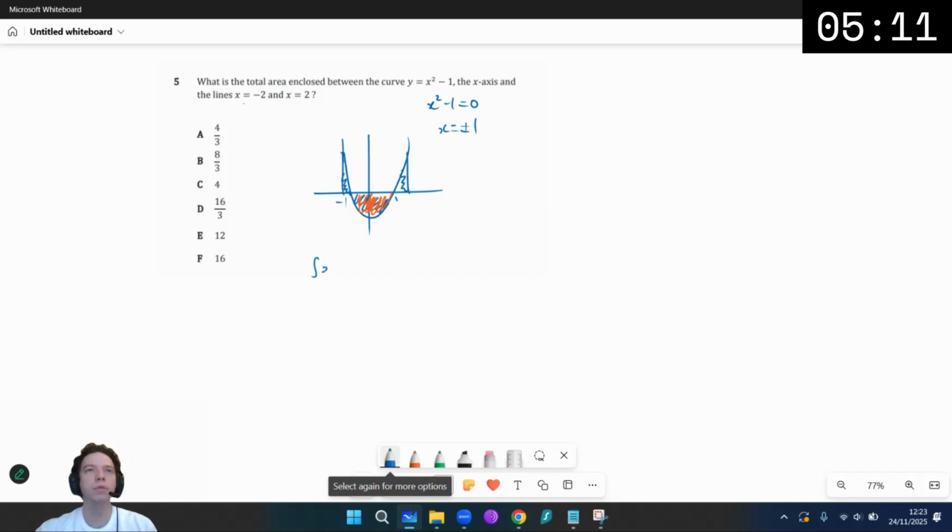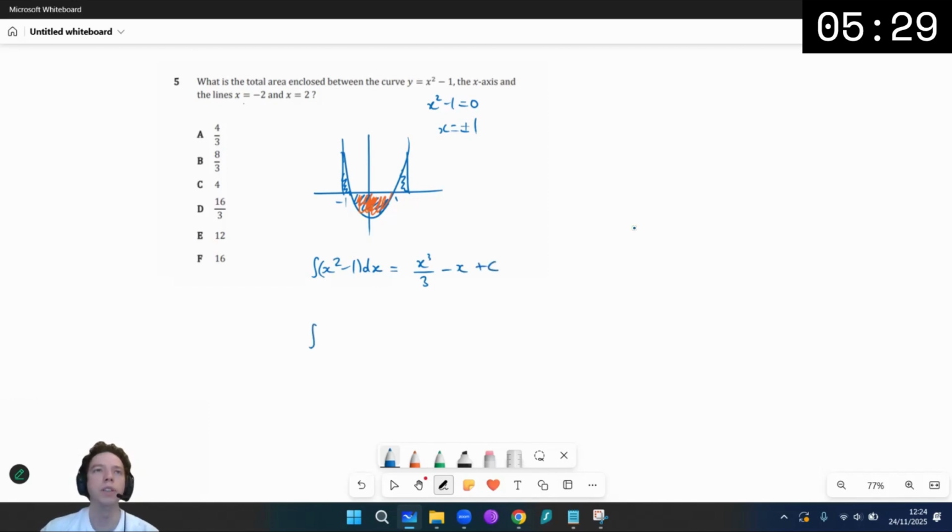So what we want to do is, first of all, let's integrate x squared minus 1. The indefinite integral is going to be x cubed over 3 minus x plus c. And then we'll integrate between -2 and -1. So plug in -1, take away, plug in -2. That'll be -1/3 plus 1, and then minus (-8/3 plus 2).